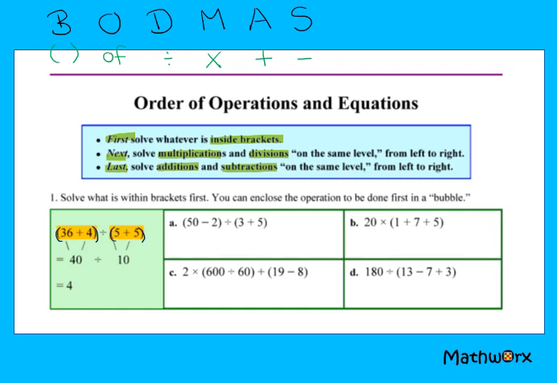Now, BODMAS tells us to do brackets first, so in bracket number 1, 36 plus 4 gives us 40. Divided, we keep our divide sign in the middle, and in these brackets, 5 plus 5 gives us 10. And then 40 divided by 10 gives us the answer of 4.